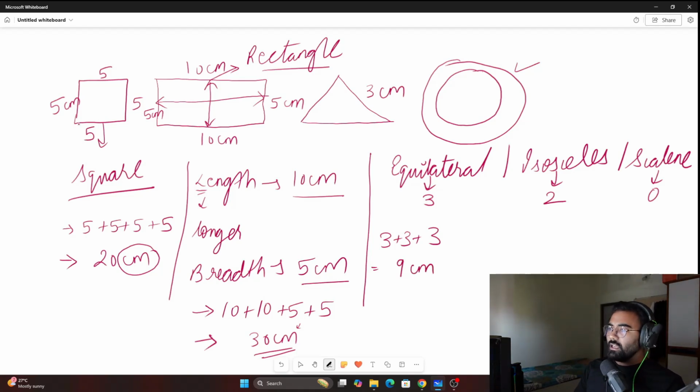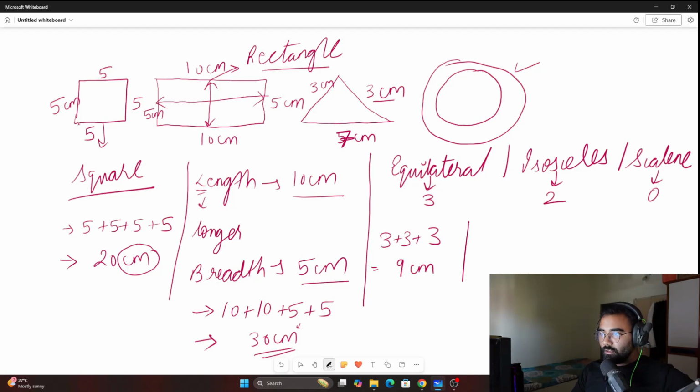All right. Let's say this triangle is isosceles. So this side is 3 centimeter, this given side is 3 centimeter, and this one is, let's say, 7.